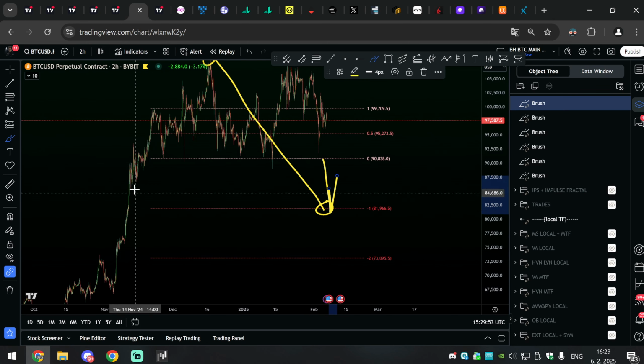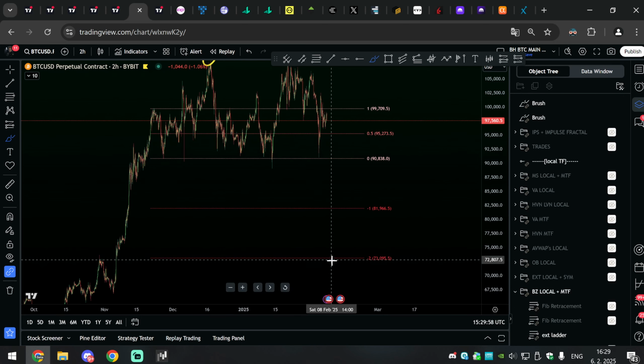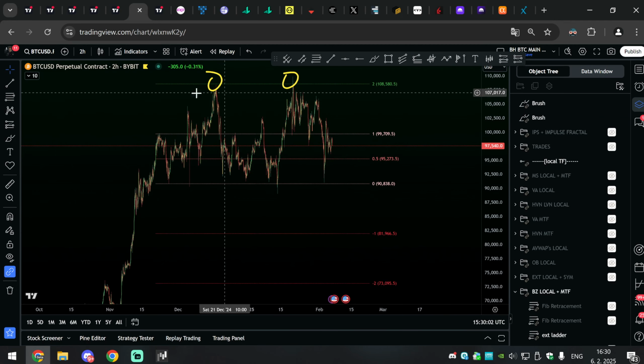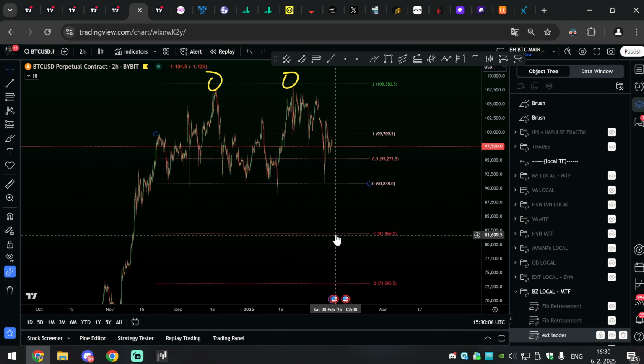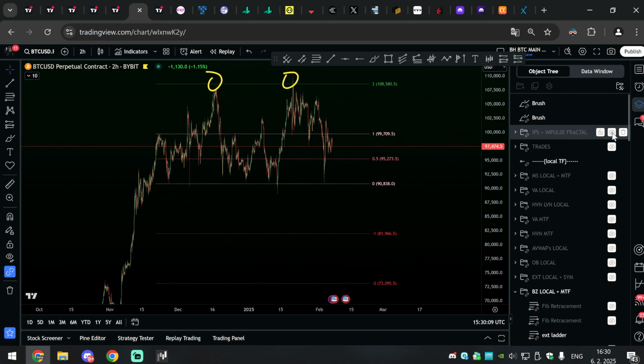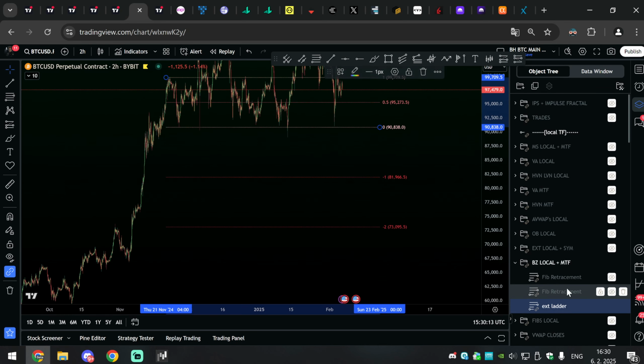Even though it's inefficiency, so you'll be very careful as well. Another extension target is 73k. But if you just count people buying into the highs, these people will be destroyed when you get here. So you know these people are saying goodbye to their money and opportunities will arise.